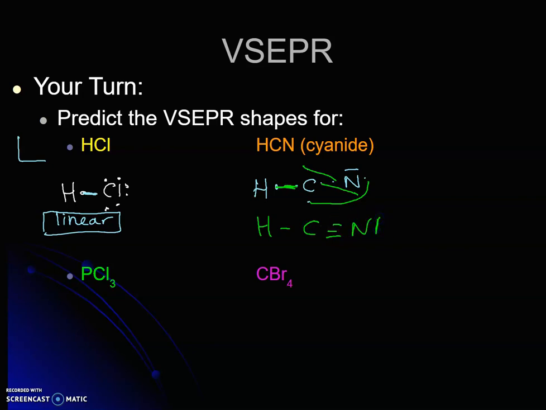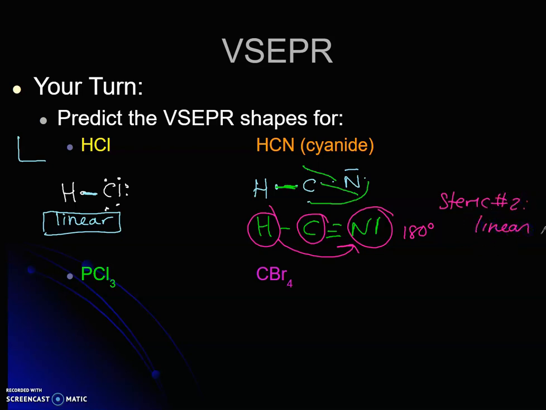My central atom is carbon. There are 2 things bonded to it, so the furthest that this can get away from one another is 180 degrees. This has a steric number of 2, and its shape is linear.